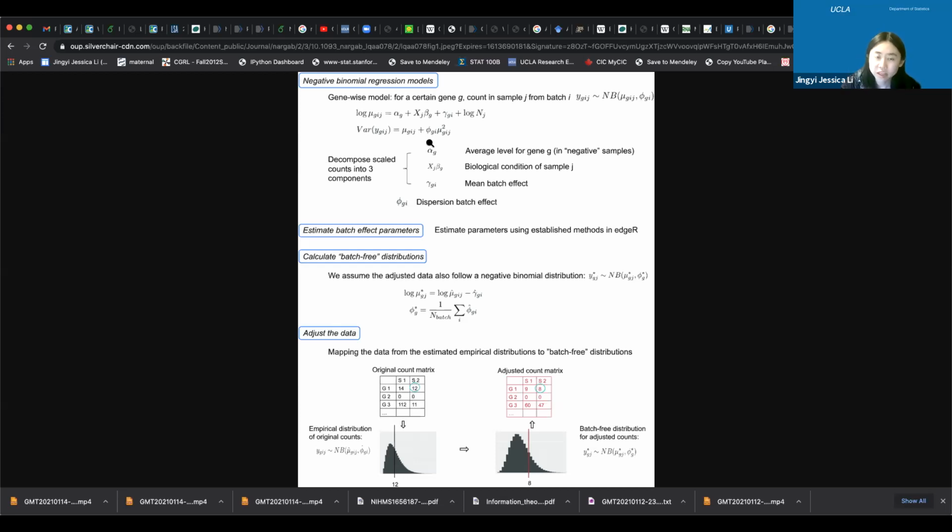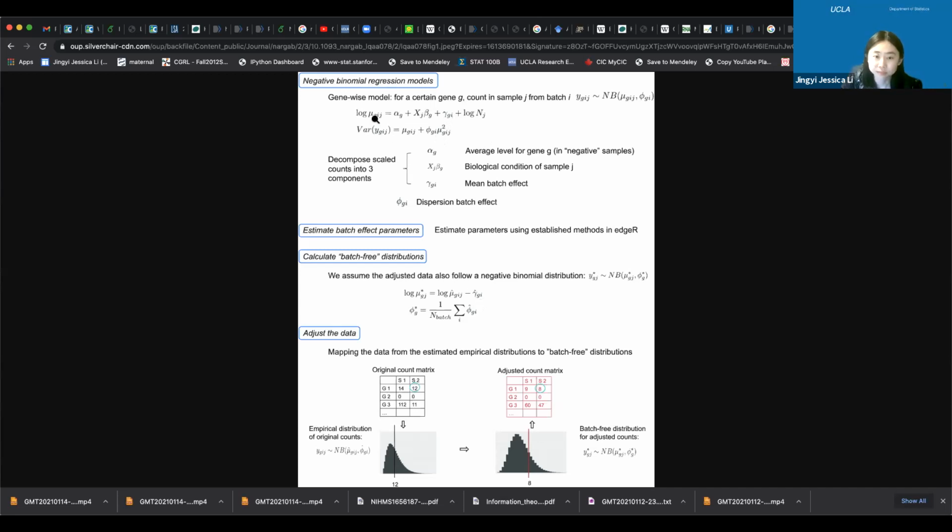So then what they do is that they try to fit this model, negative binomial regression model, for every gene G. So every gene gets its own model fitted. So once you have the model fitted, as we said, each parameter will have an estimate. So for the gamma GI, we will call the estimate gamma hat GI.